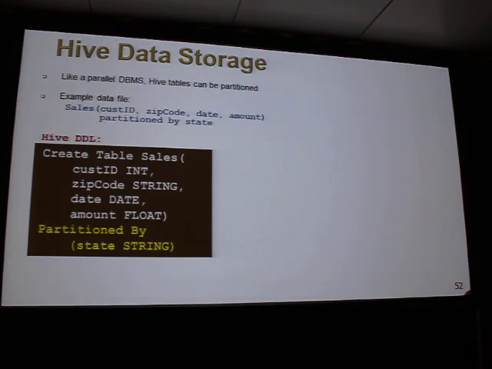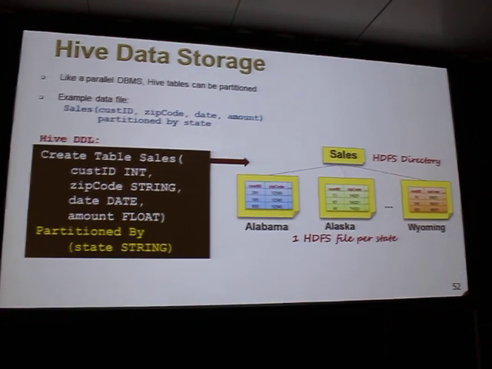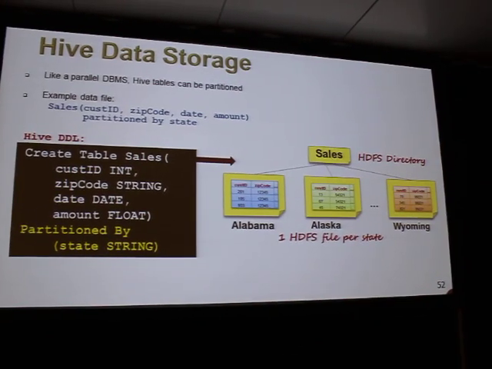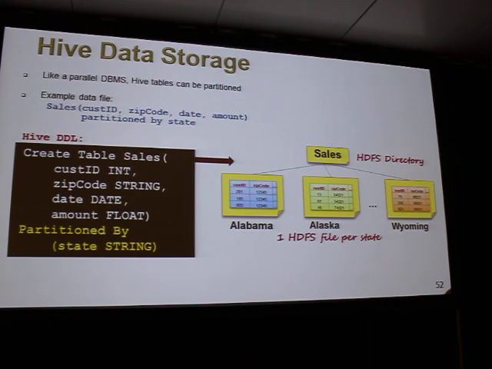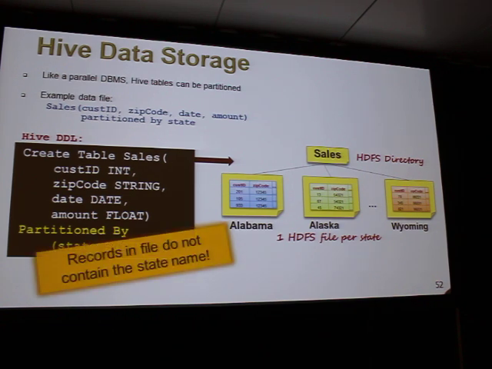So let's look at how this actually translates. We create a Hive table, which looks something like this. Create a table called sales. We have some information, and then we say it's partitioned, in this case by state. In the US, that would give you 50 files. Look at what they do: they actually create 50 HDFS files, one for each state, and they remove the partitioning key and only store that once, effectively, because that's the file.